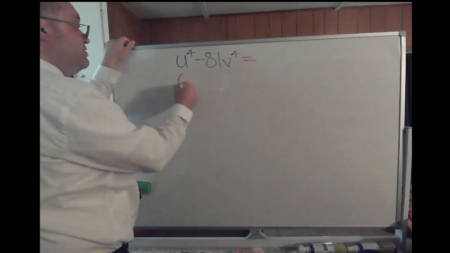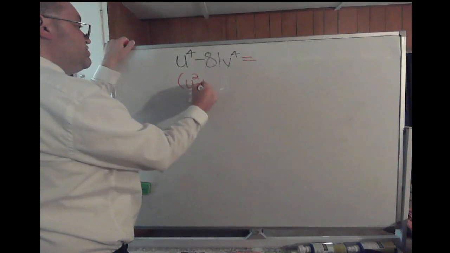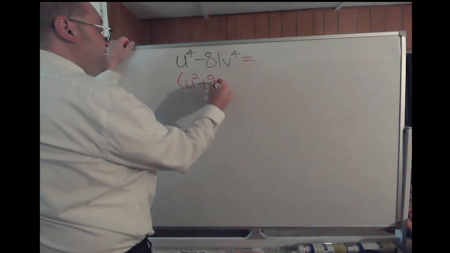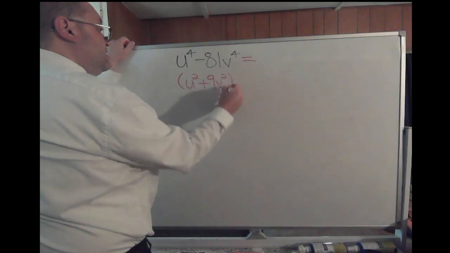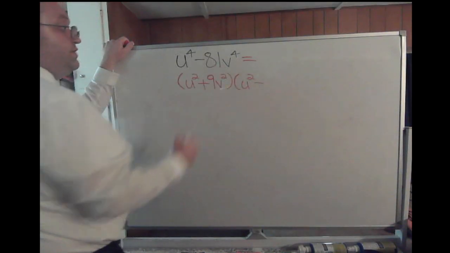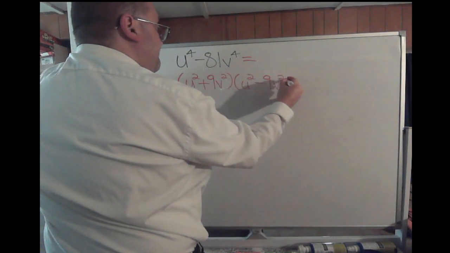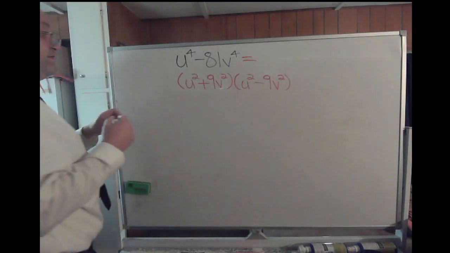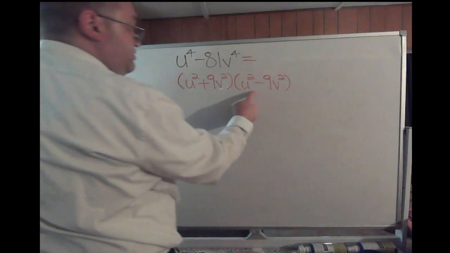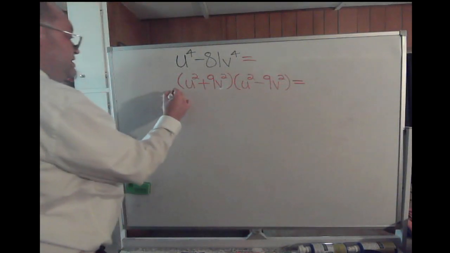So the square root of u to the fourth is u to the second, plus your square root of 81v to the fourth, that would be 9v to the second, times the quantity of u to the second minus your square root of 81v to the fourth, which would be 9v to the second. Well, we can't factor u squared plus 9v squared any further, but we can certainly factor u squared minus 9v squared further. So let's go ahead and do that.